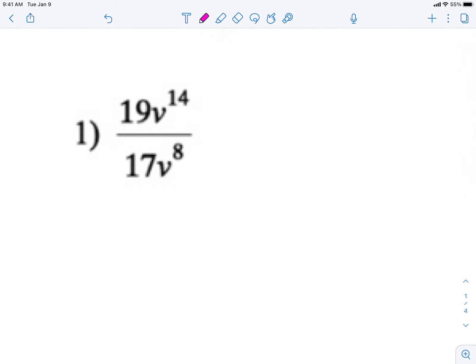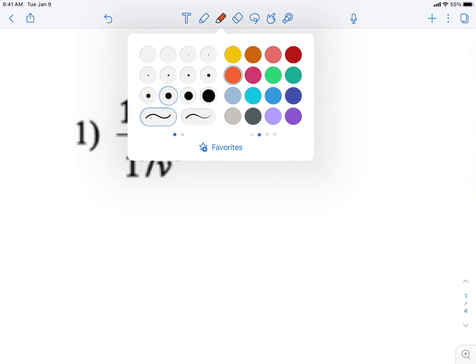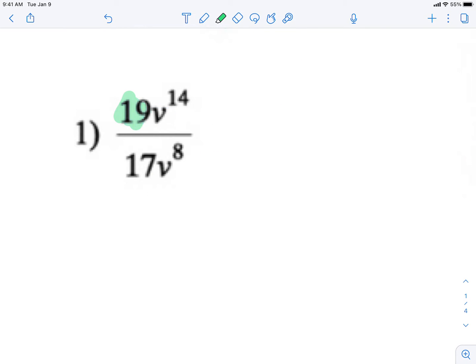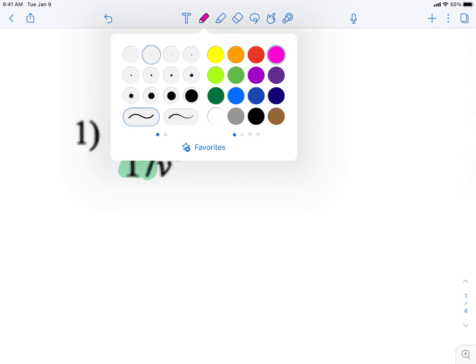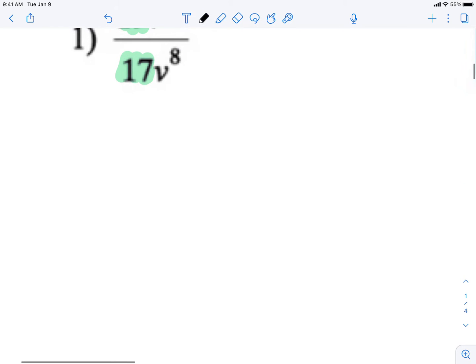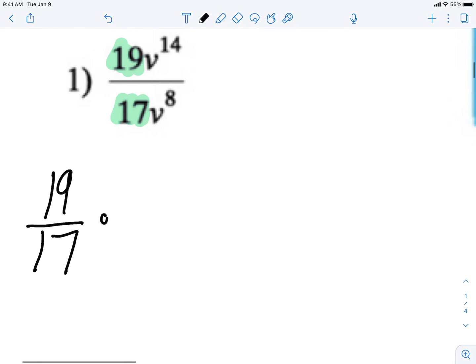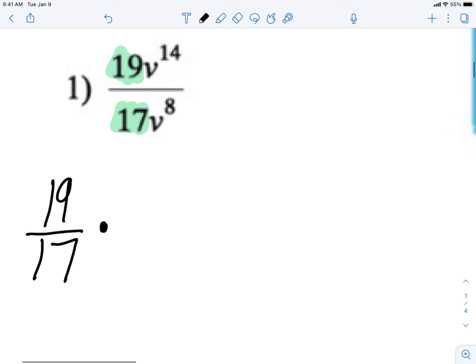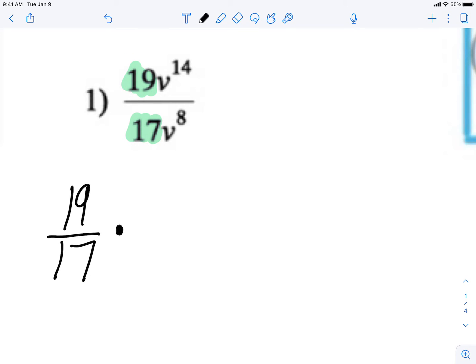Okay. Again, I am going to separate my regular numbers, which are 19 and 17. So I'm going to write those on the side by themselves. 19 over 17 times, okay, I have my v and my v, and that 14 and 8.